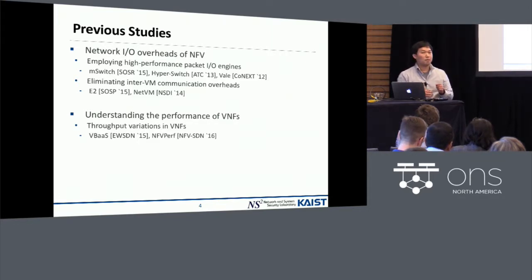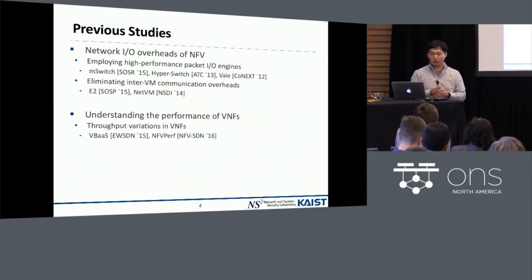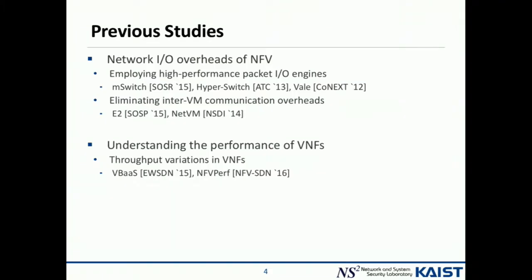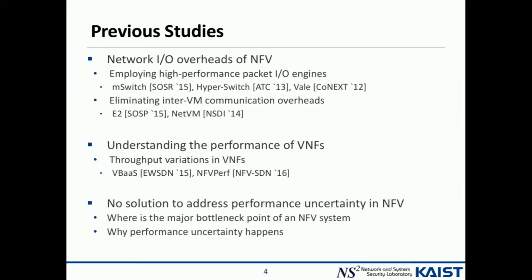Unfortunately, while they may point out some conspicuous points by comparing the throughput variations between VNFs, their results are insufficient to fully address the reasons of performance issues in NFV environments. So, as far as we know, there were no solutions that fully explain where and why performance issues occur.